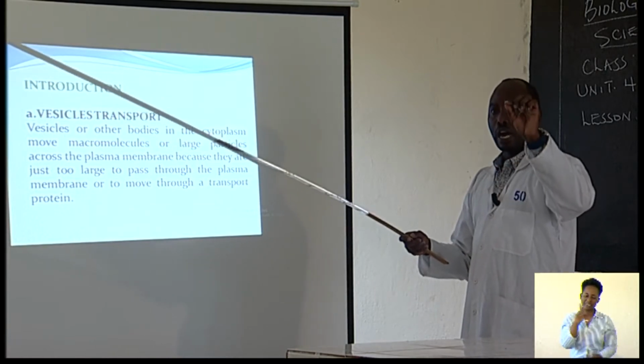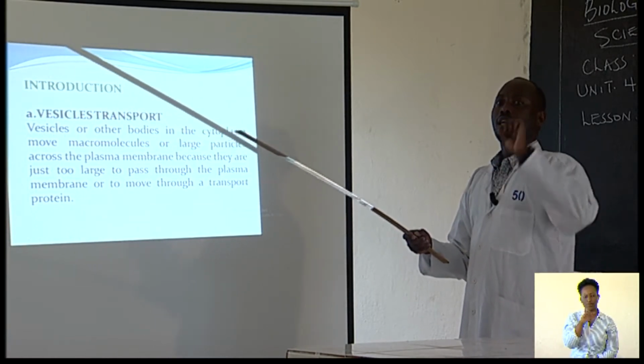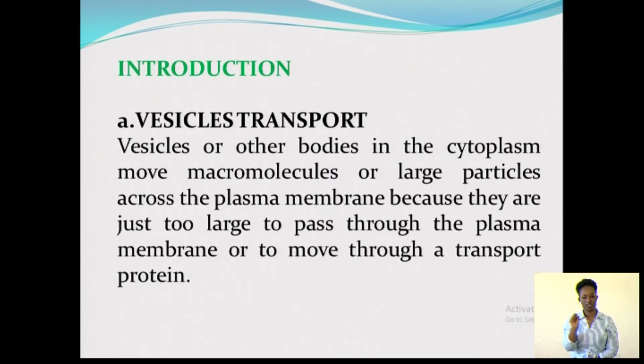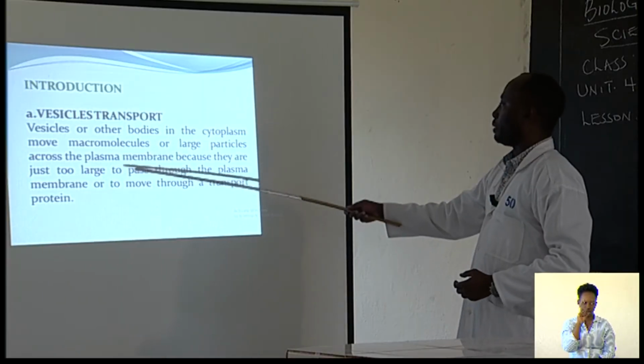Small molecules are mostly carried by the passive process. But when it comes to active transport, it carries macromolecules, meaning large molecules or large particles, across the plasma membrane.